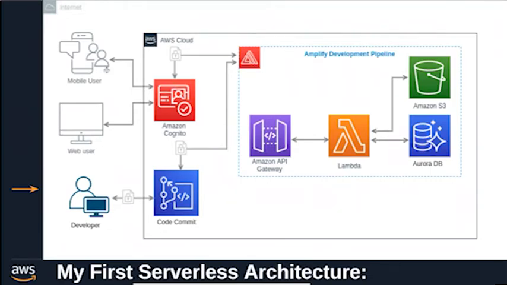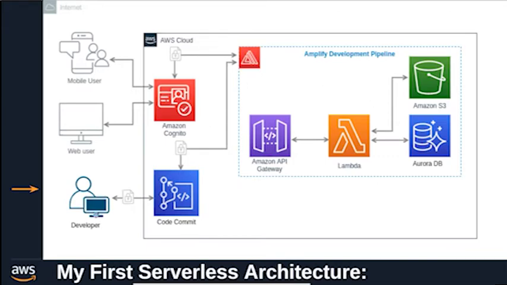Again, Cognito will be handling users, and I have kept permission based access in our backend development pipeline. These developers will get access only to deploy their code through CodeCommit on Amplify, and other end users will access our application through Cognito.